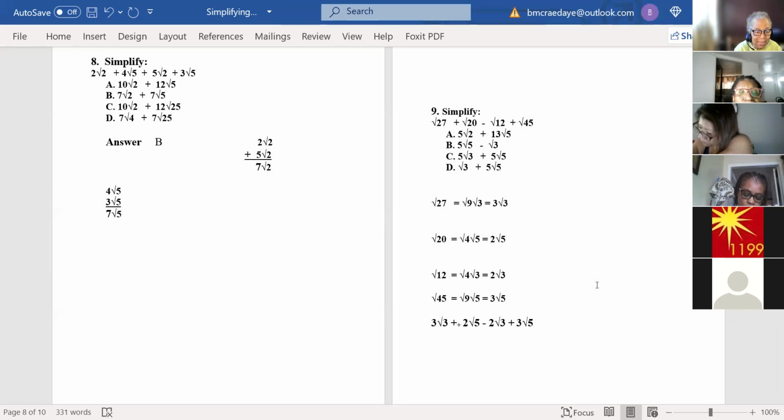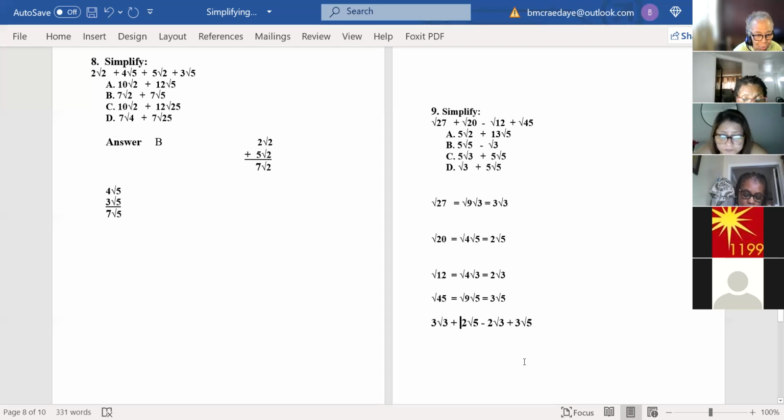Now, combine these. What is your answer? What do we do? Combine with your coefficients. What do you get, Chastity? 5? No, you've got a square root of 3 here and a square root of 3 here, and a square root of 5 here and a square root of 5 here.